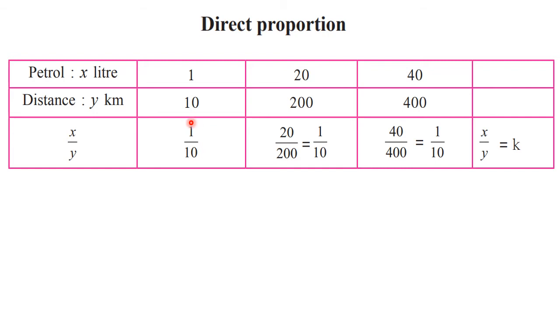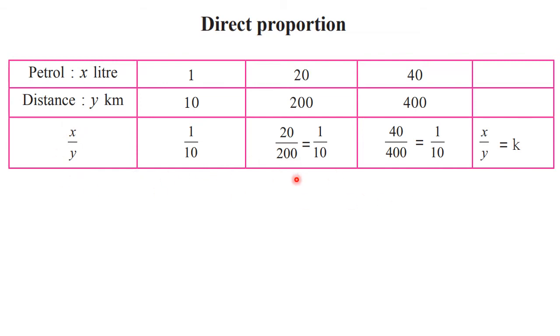So what we can find here is, in case of direct variation, here the value of x upon y is constant. That means division of these two quantities is always constant. So keep in mind, in direct proportion, the division of two quantities is constant, or their ratio is constant.